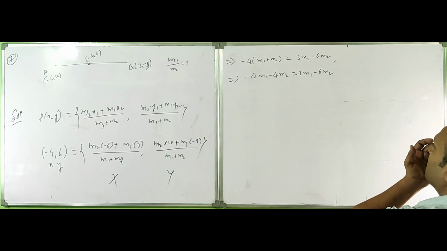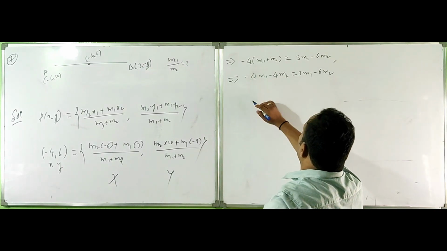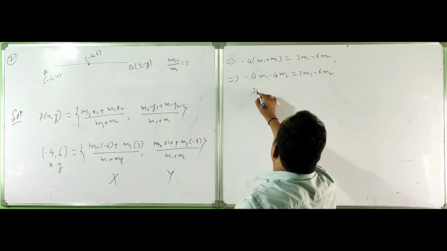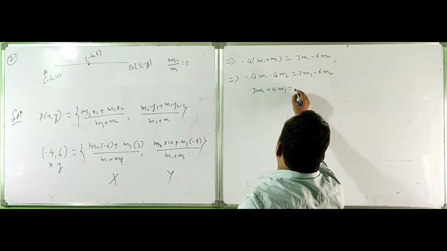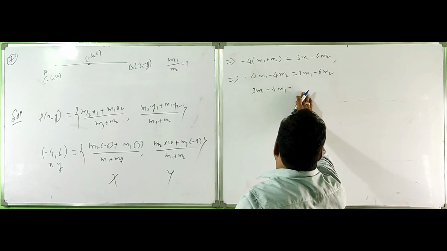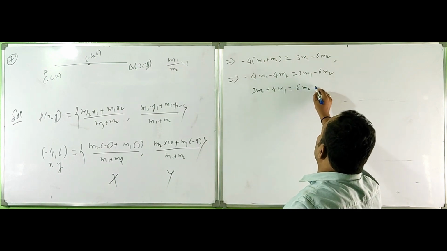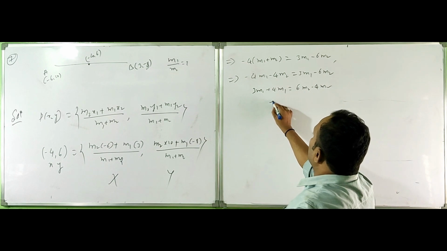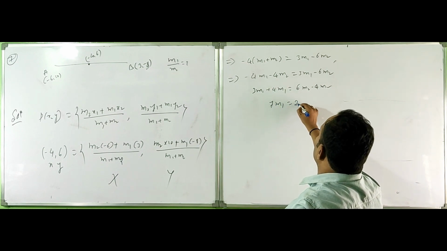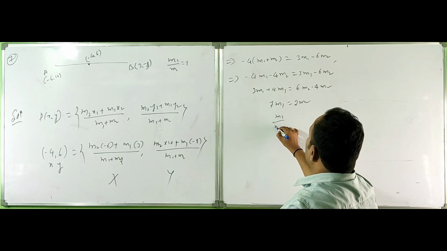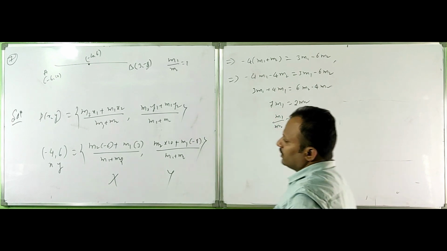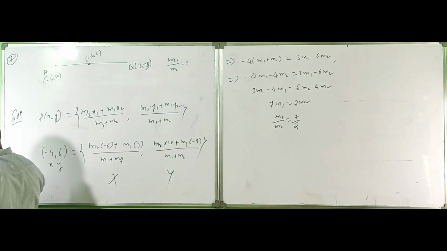Bring the terms here: 3m1 plus 4m1 is equal to 6m2 minus 4m2, so 7m1 is equal to 2m2, therefore m1 by m2 is equal to 2 by 7. What is the answer here, 2 by 7 or 7 by 2? m1 by m2 is equal to 2 by 7.